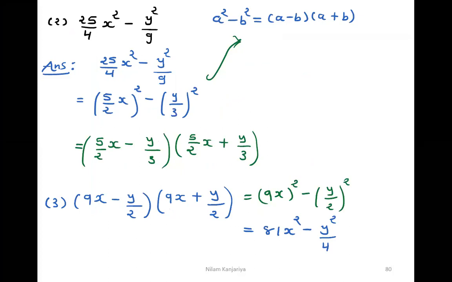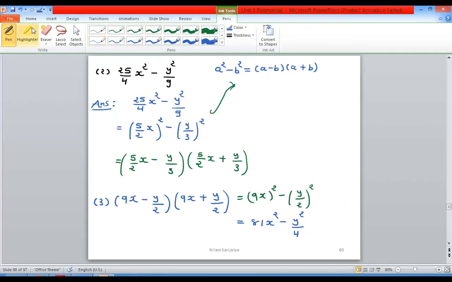So these are the identities which we can use, which we can apply the whole formula in tutorial mostly. The only last example, then we finish today's session. Number 4.